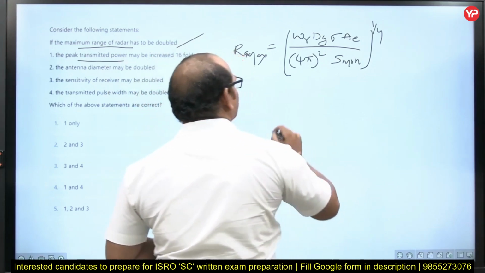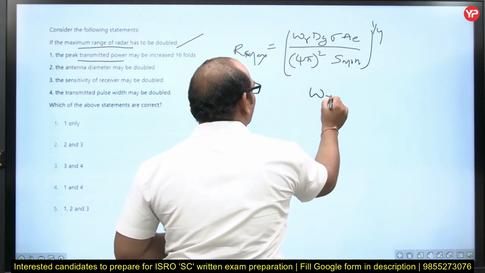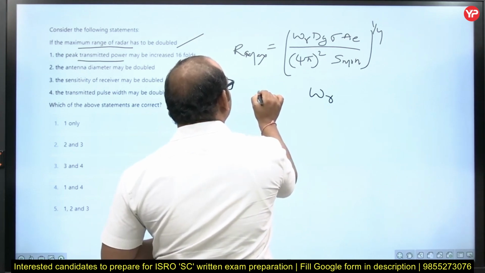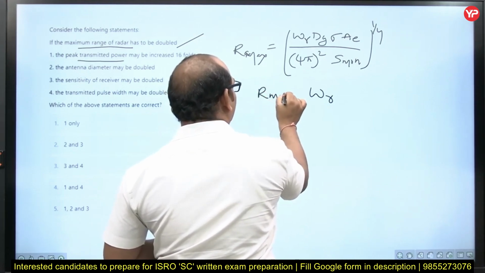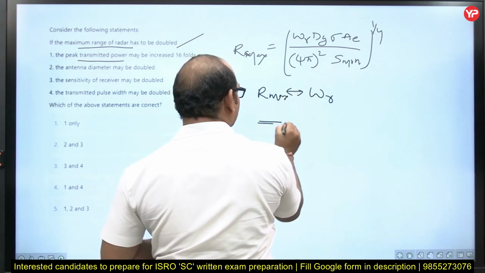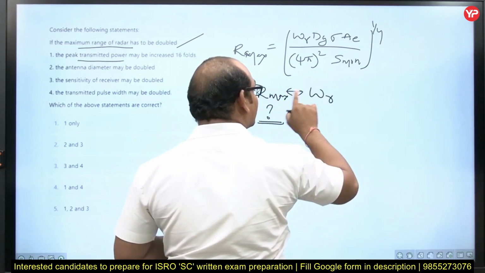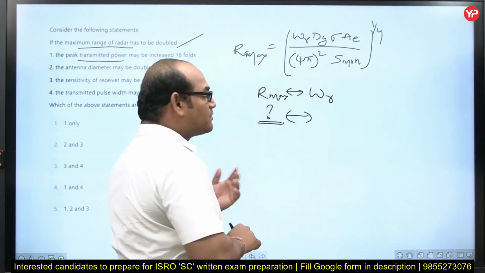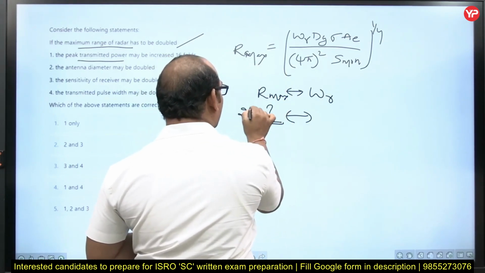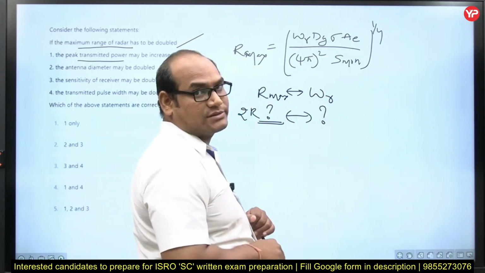See here, transmitted power means this radiated power WR only. So WR, how much we have to keep in order to have 2 times of R. How much amount of radiated power we should have to have this? This is what they have given, 2R. So what is to be done for this WR?